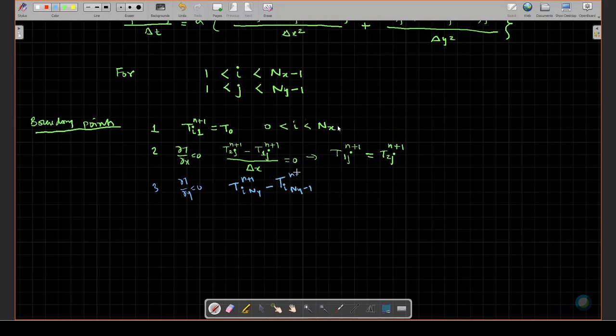So this means that Ti at the last point ny is equal to Ti at ny minus 1, at n plus 1.